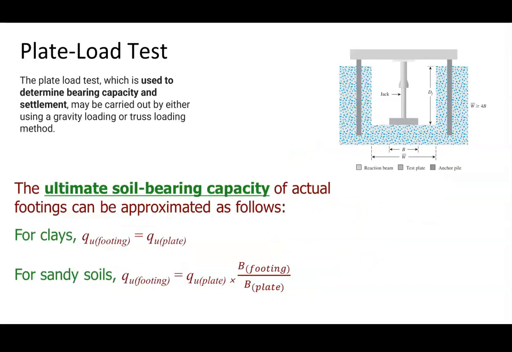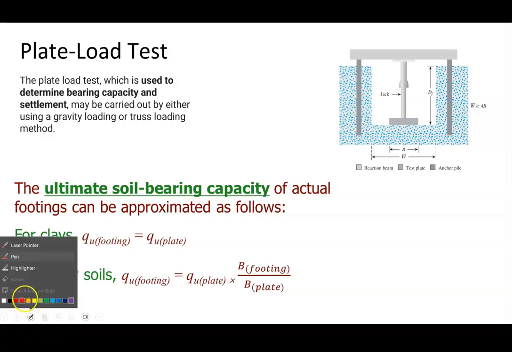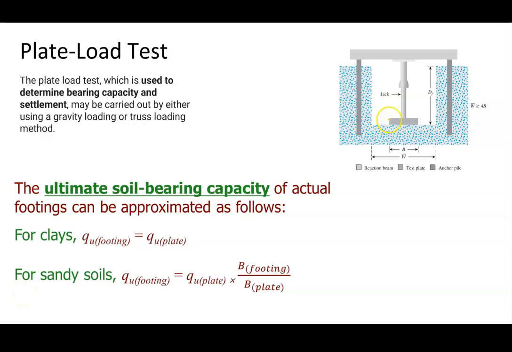In order to find the actual bearing capacity and settlement of a shallow foundation, we can do a test that is called the plate load test, in which we have a plate. This is the width of the plate. Then we use a hydraulic jack to apply load, and measure load per area and settlement.